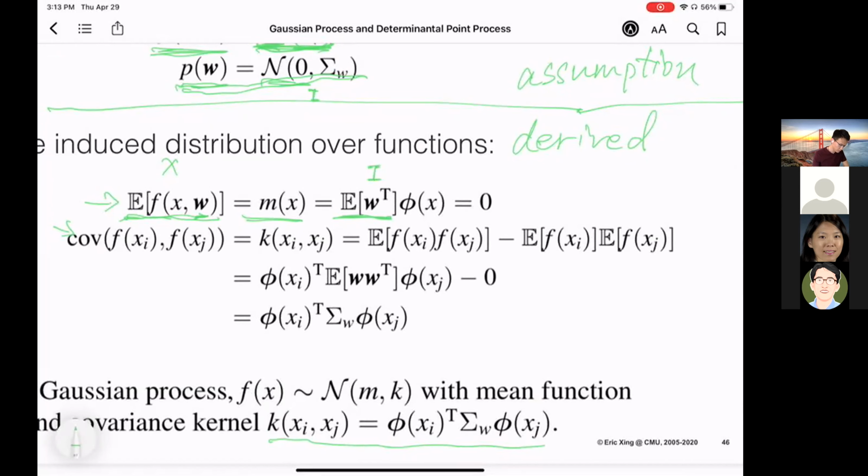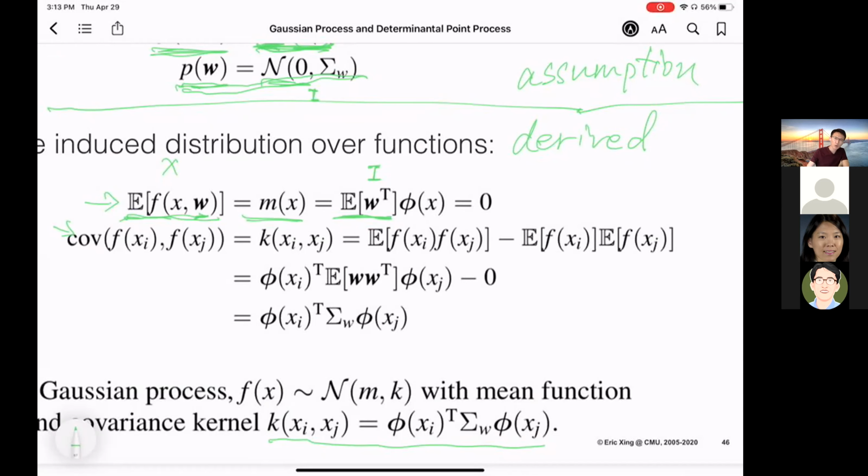So the assumption that the weight is normally distributed puts a heavy inductive bias towards almost all basis functions having weights close to 0.